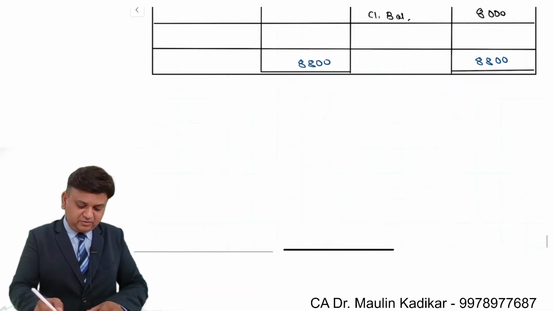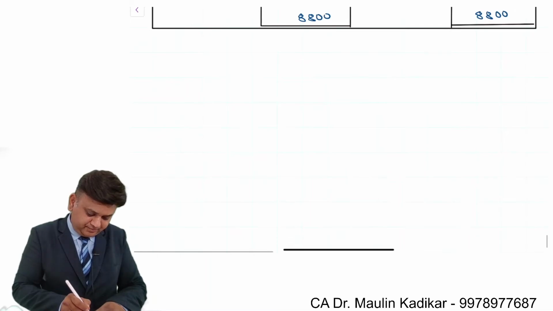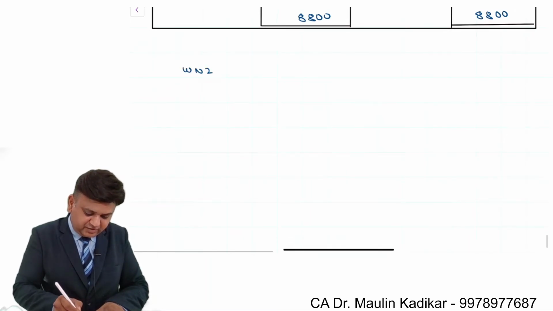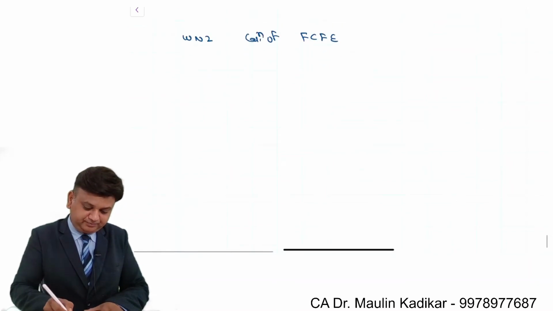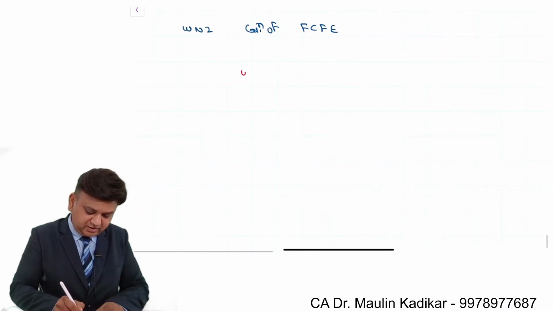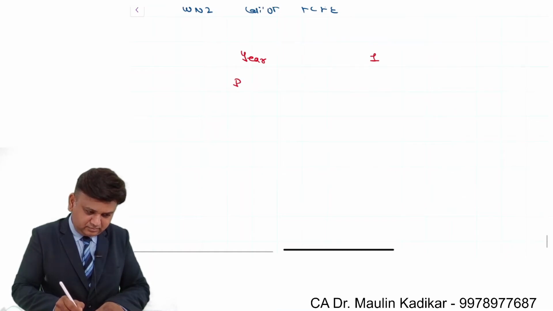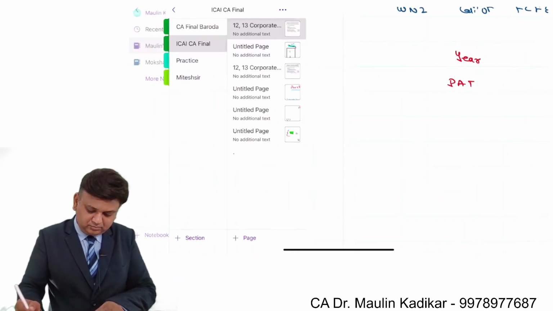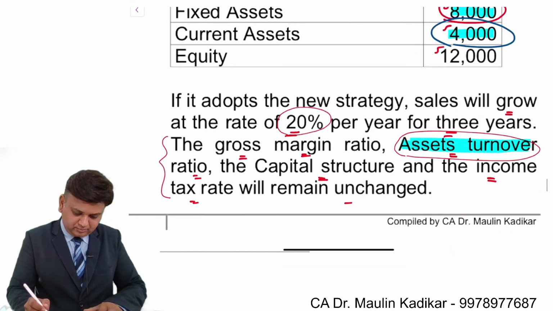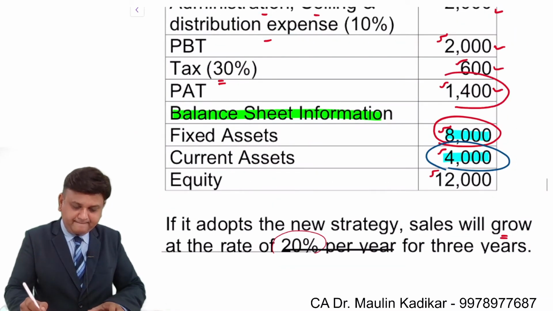Next working note will be calculation of the free cash flow for equity. Working note number 2, calculation of free cash flow for equity. In that, year 1, profit after taxes is 1400. That is the sum. Sales same, so everything same story.